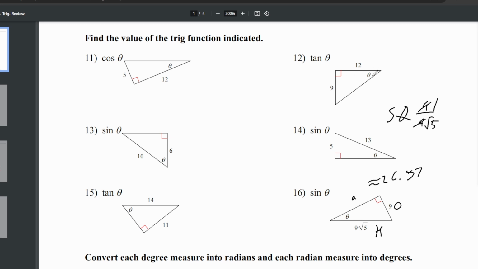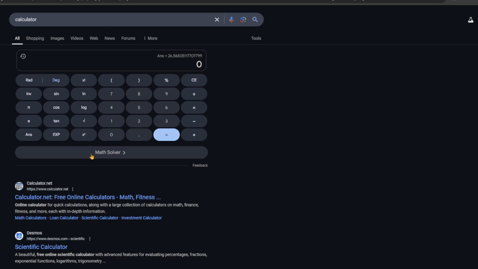Let's just do this one. It's tangent. We didn't do tangent, so I'm gonna just choose this one. Let's label adjacent, hypotenuse, opposite. Tangent of theta would be 9 over 12, and then just pop it in the calculator.